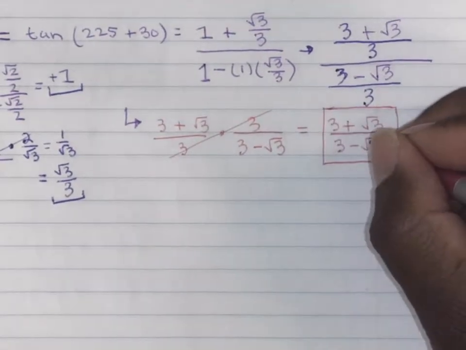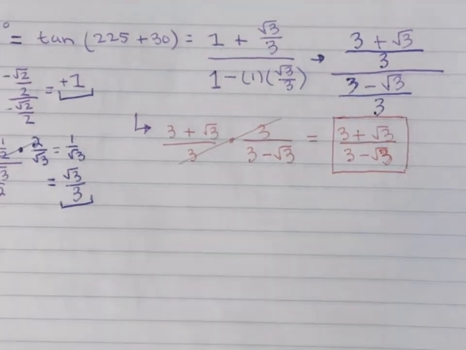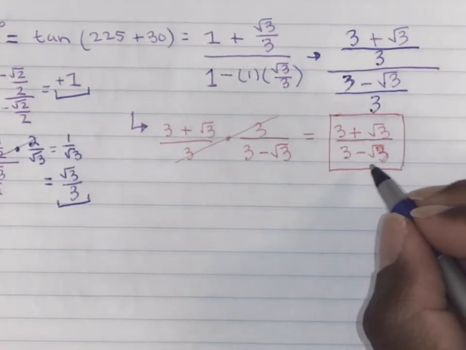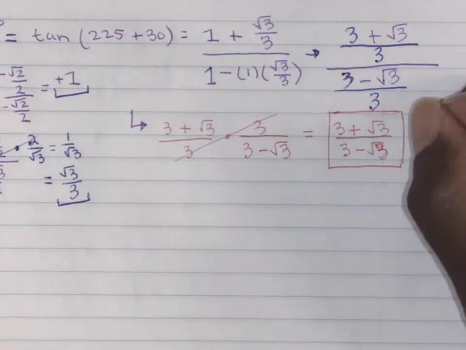I should, I guess, go ahead and rationalize it just so we can see how we rationalize it. If you did rationalize it, you'd multiply by the conjugate of the bottom, and the conjugate would be 3 plus root 3. So let's do that and see what we get.